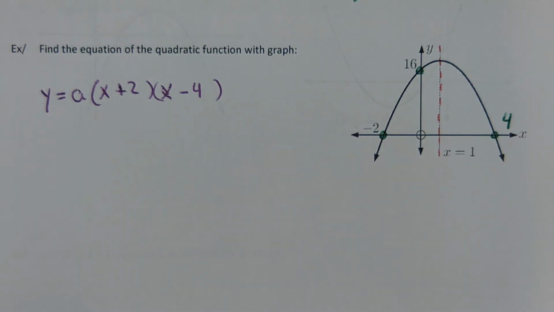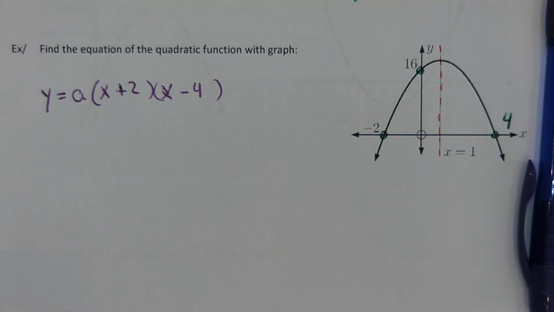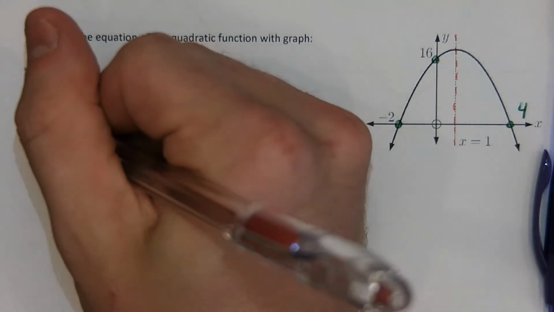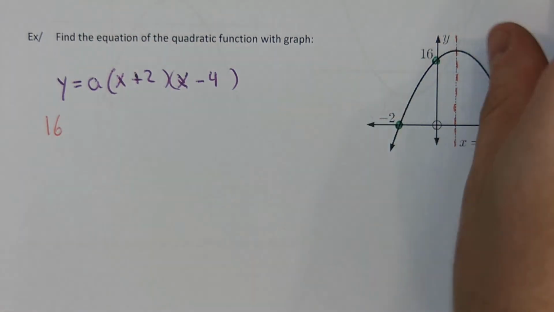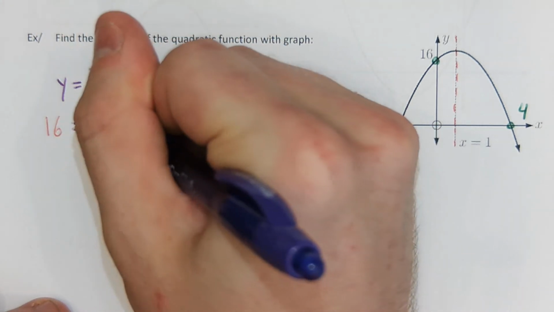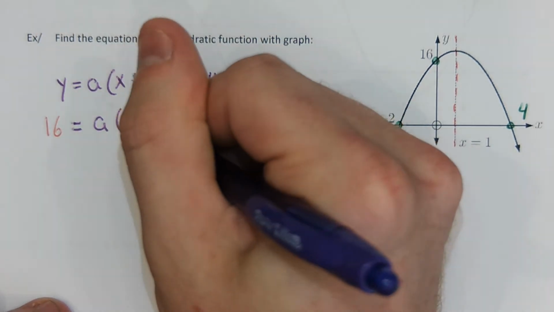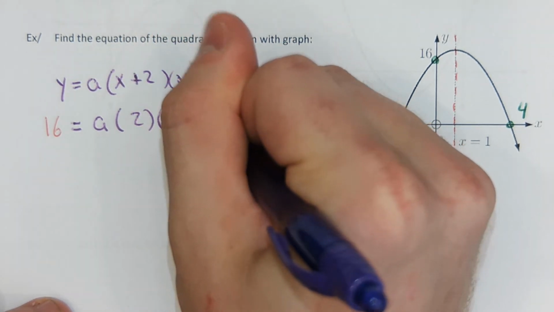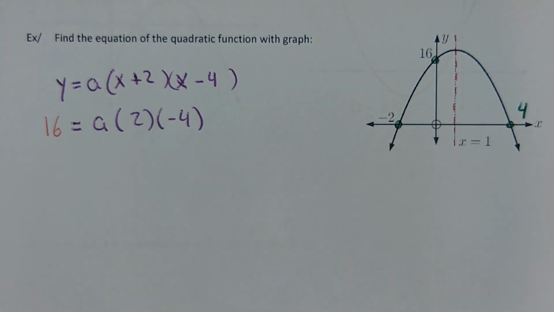Dropping in 0, 16 is going to give us, we'll hope the red and the purple are drastically different, 16 equals a times 0 plus 2, 2. 0 minus 4, -4. That gives us 16 equals -8a.